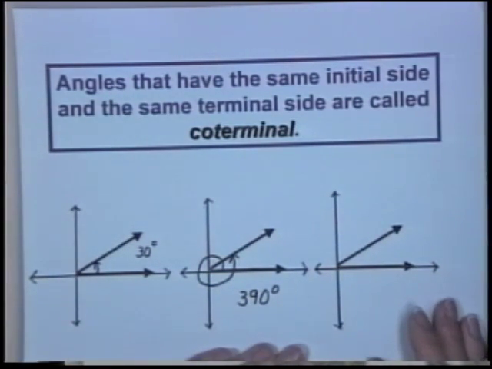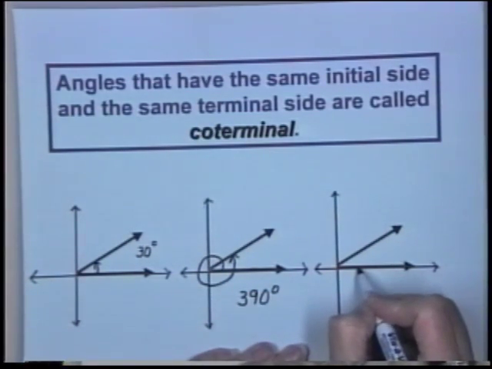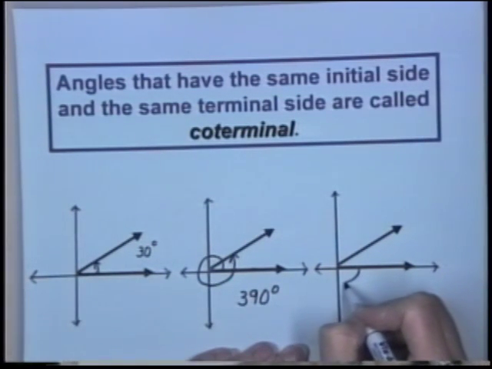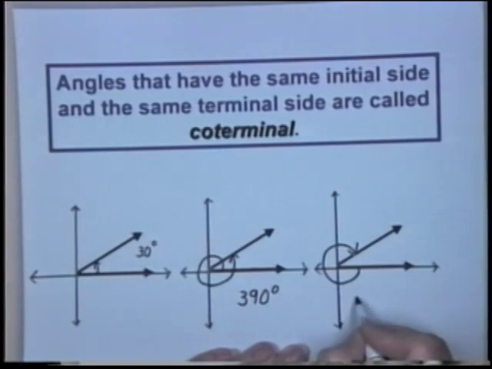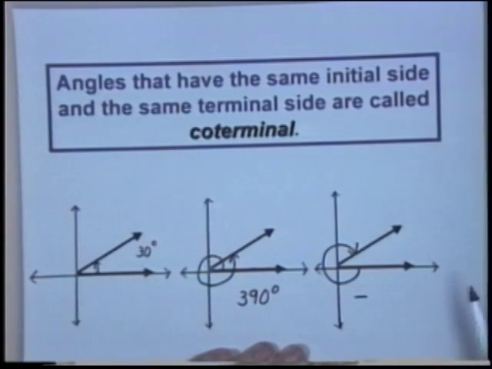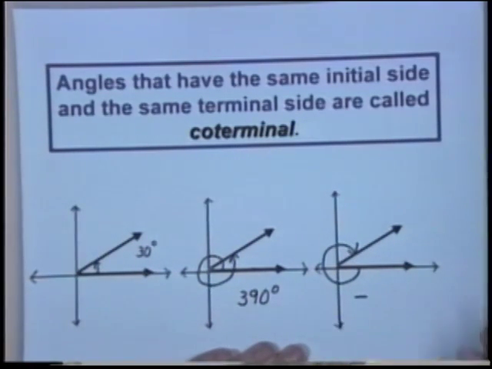Now for this third one, here's my initial side along the positive x-axis. This time I'm going to rotate my ray in a clockwise direction, so my angle will be a negative angle. What I need to do is figure out how many degrees I rotated my ray.